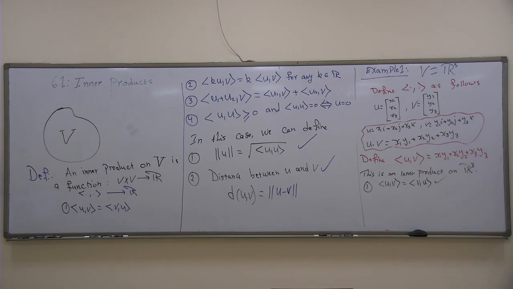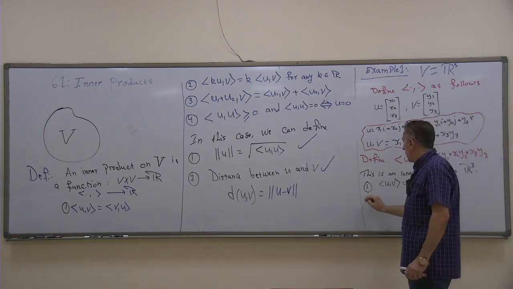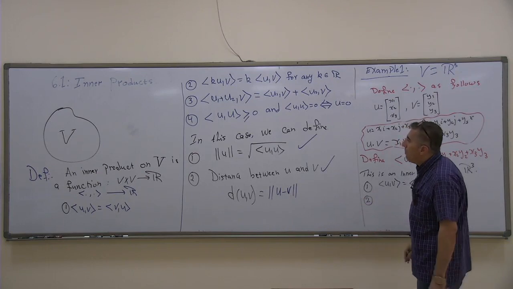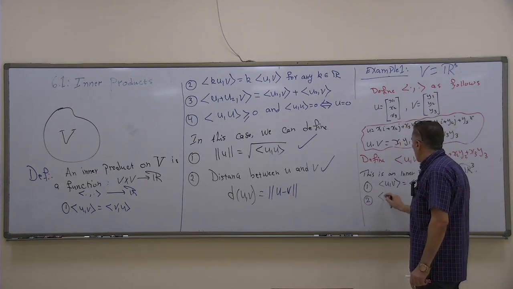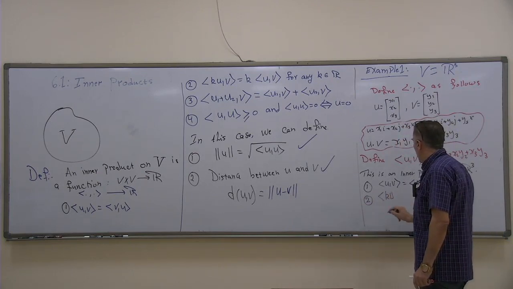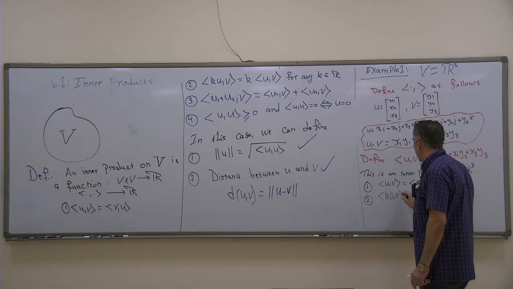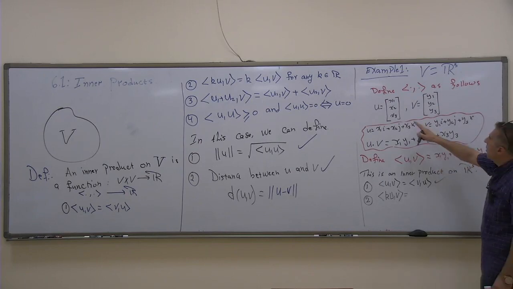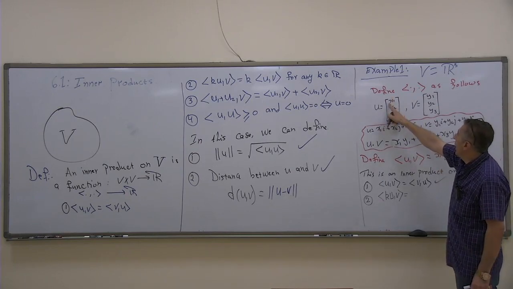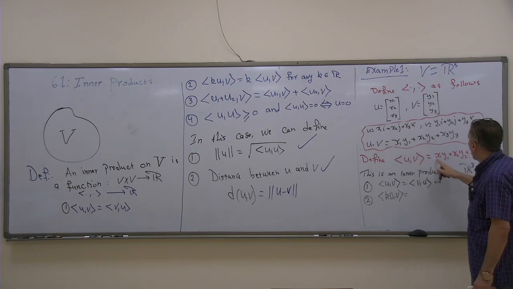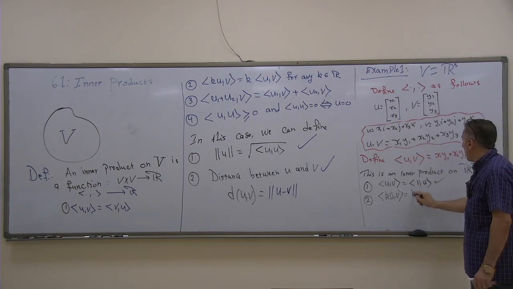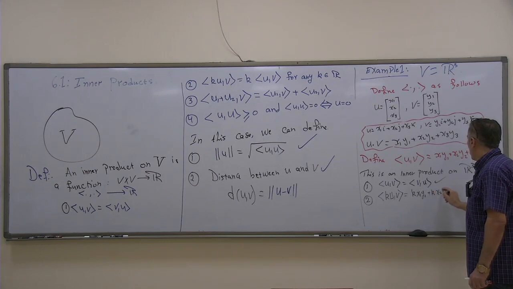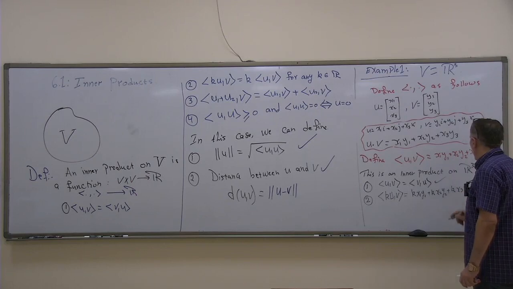Okay? Number two. What happens if you multiply U by scalar K? Well, from here, it means you are multiplying the components of U by K. So Kx1, Kx2, Kx3. So what do you get here? You get Kx1 Y1 plus Kx2 Y2 plus Kx3 Y3.